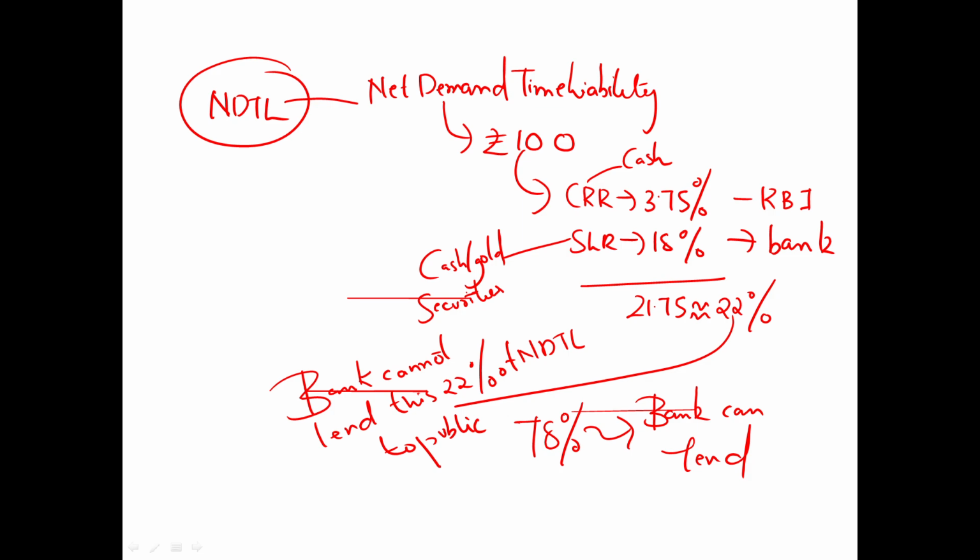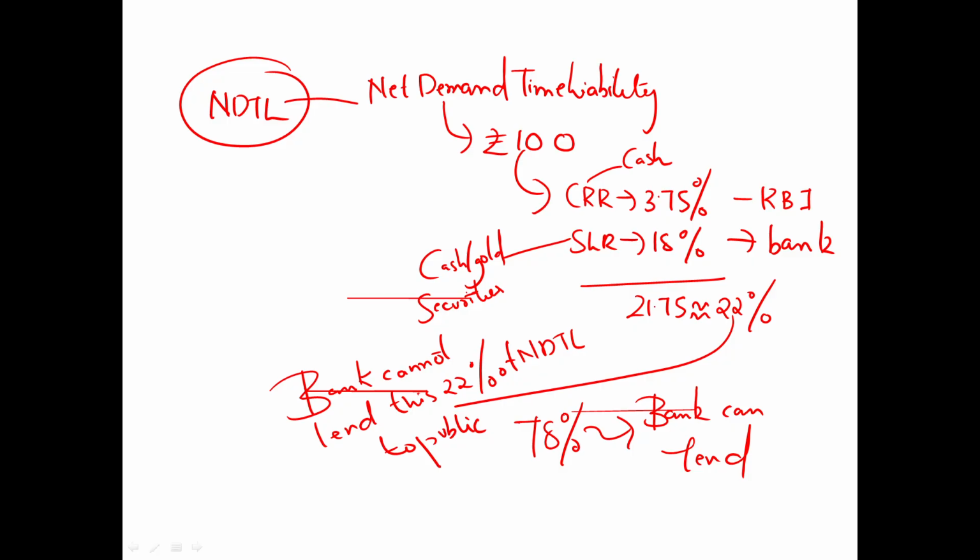So RBI fixes a reserve requirement, that is both CRR, cash reserve ratio, and SLR. That is, if there is 100 rupees, the commercial bank needs to keep 3.75% in cash with the RBI, and 18 rupees should be kept as reserve in the commercial bank itself.